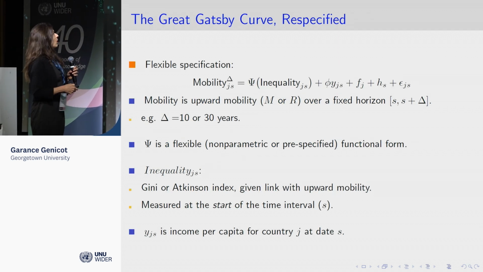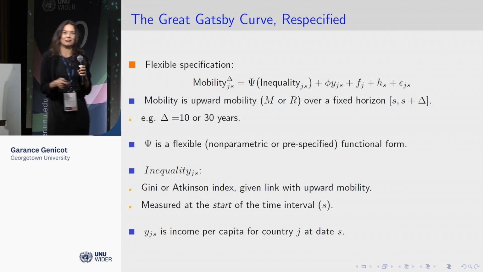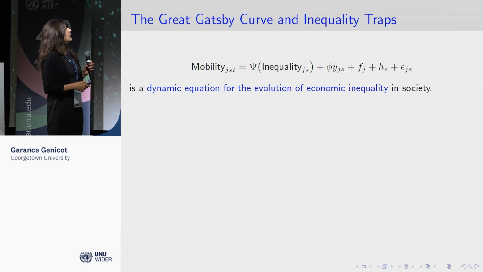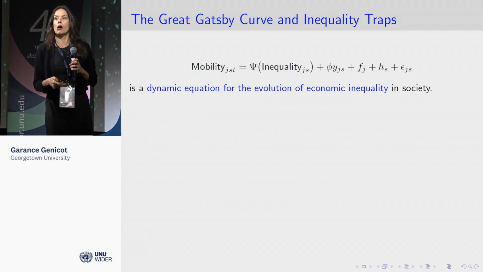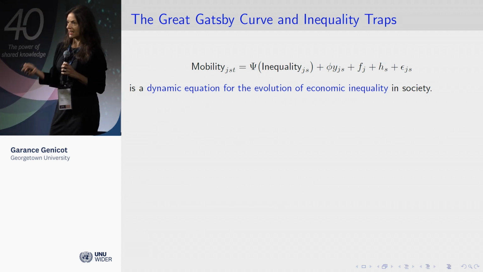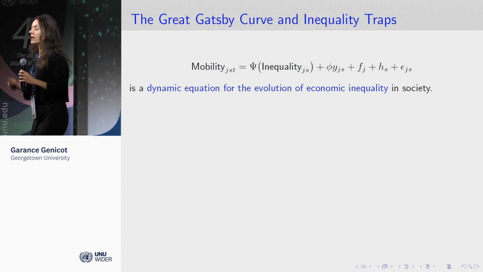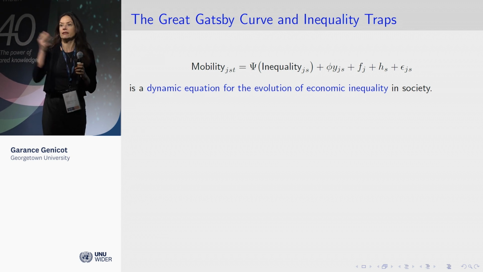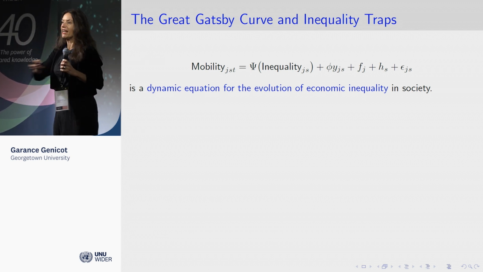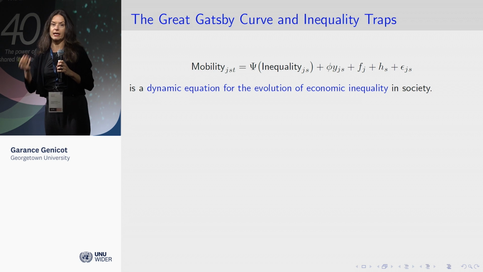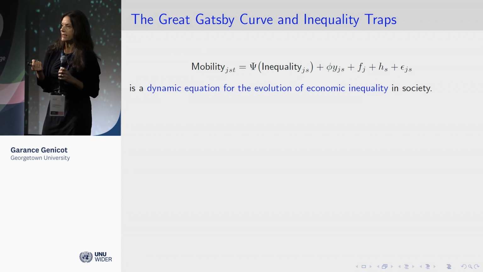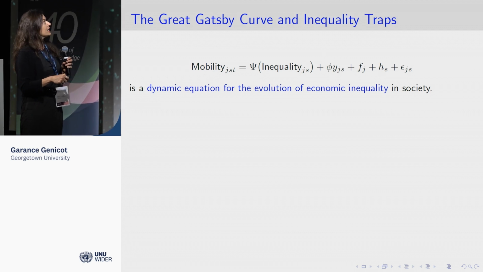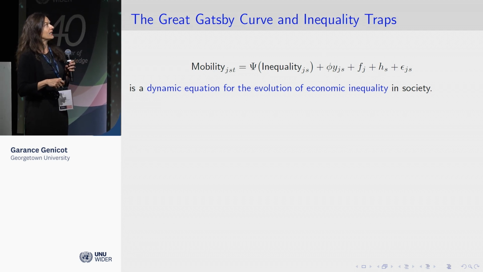Okay. So what I want to show you in the 1 minute that I have left is that we wanted to actually look at the question of the Great Gatsby curve with a measure of mobility. And why is that an interesting question? Because I can plot any variable on the x-axis and the y-axis, but it's particularly interesting because essentially what you're doing is looking at a dynamic equation for the evolution of economic inequality.